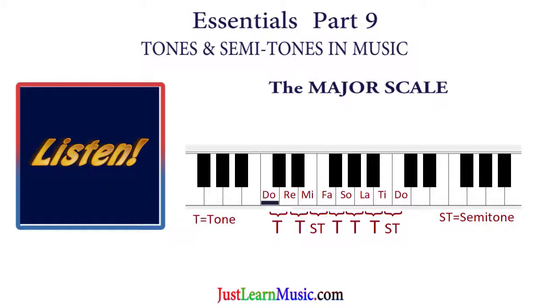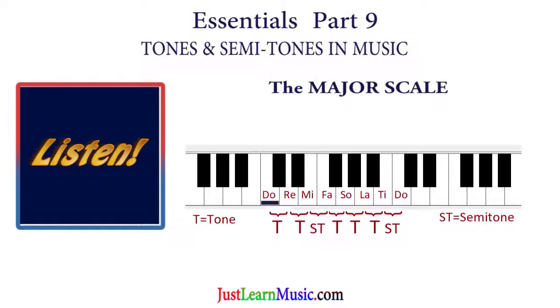Do, re is a jump of a tone. Re, mi is again a jump of a tone. But mi and fa is a jump of a semitone. Fa to so to la to ti, all these are full tone jumps, whereas ti to do is a semitone jump.